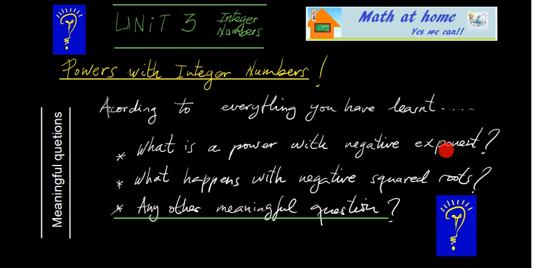Where does this negative exponent come from? You can say that it is the result of a division. So see, if you divide powers with the same base and the divisor is greater than the dividend. So take this. What happens with the negative square? What happens with the negative square roots?